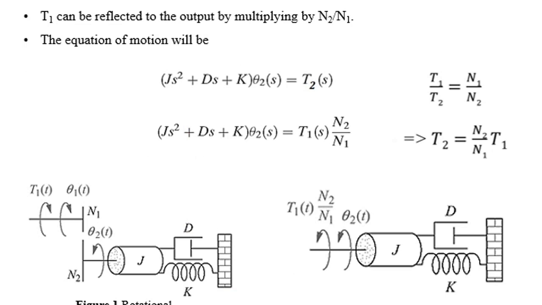Dear students, to study the effect on a mechanical system driven by gears, we will reflect the impedances from the output part of the gears to the input part of the gear.